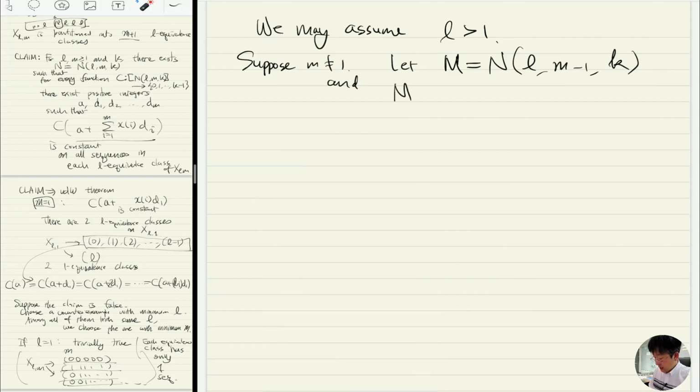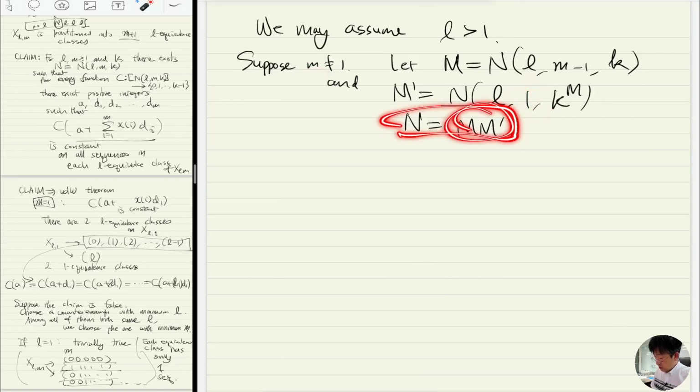And then I'm going to take M prime to be n of L1 k to the M, and then n to be M times M prime. And this number exists because this 1 is less than M, and so I can make a product of these two numbers.